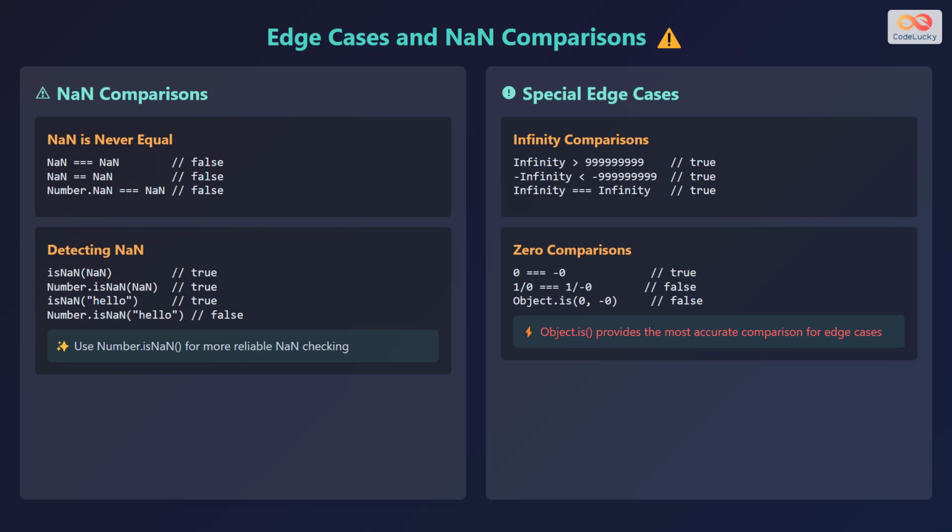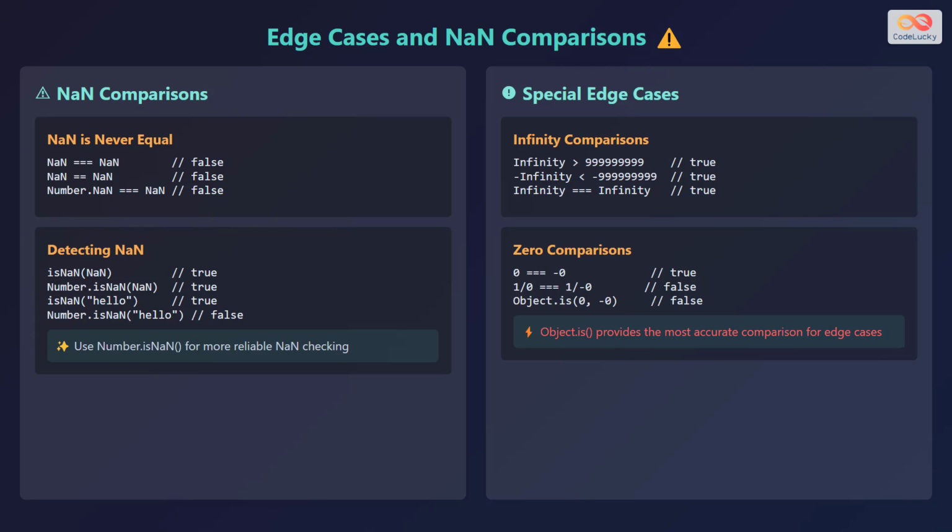Moving on to other edge cases, Infinity is greater than any finite number. Infinity greater than 999,999,999 is true. Negative Infinity is less than any finite negative number. Negative Infinity less than negative 999,999,999 is true.